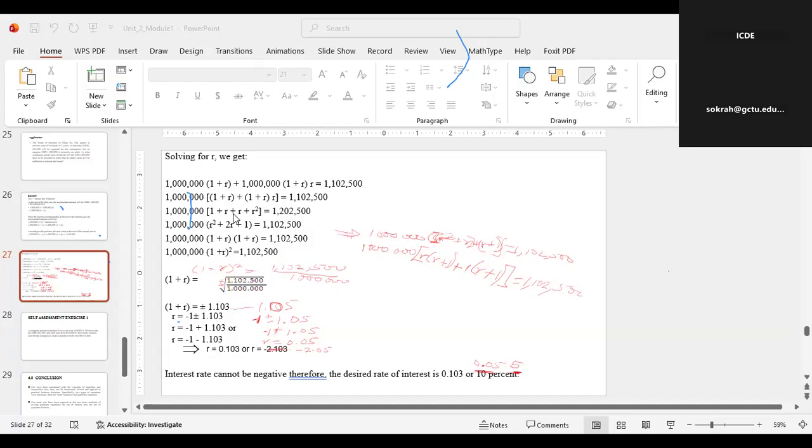Then, within that square bracket, we group like terms. If we group like terms, we let it follow the quadratic equation formula. So we have R squared coming first. Then 1R plus 1R will give us 2R. So that's the 2R you see, plus the 1.